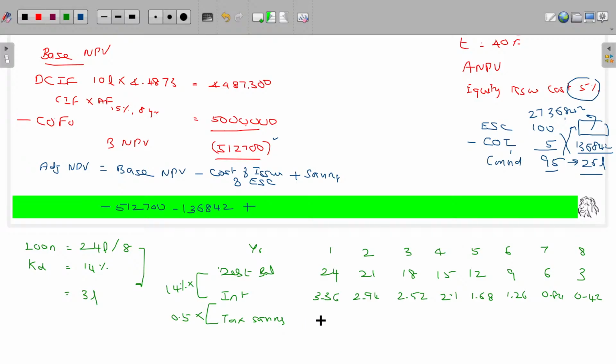So at the rate of tax, savings is there to the extent of T. This value being 1.344, isn't it? 40% tax rate. Okay, tax rate being 40%. Okay.